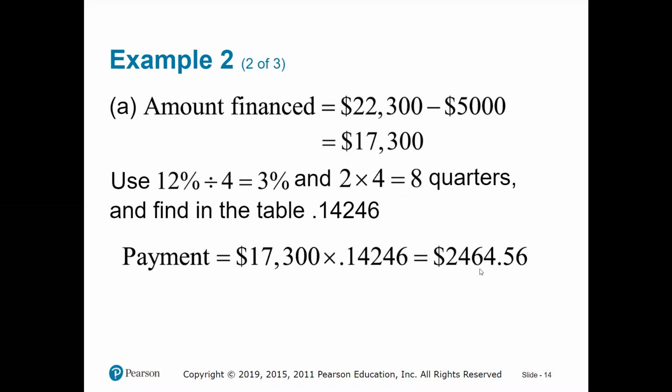So then she's looking at having to pay back $2,464.56. Now, just for a moment, look at how much she needed. She needed $22,300. They told her, okay, we'll give you that, but you have to give us $5,000 of it first.